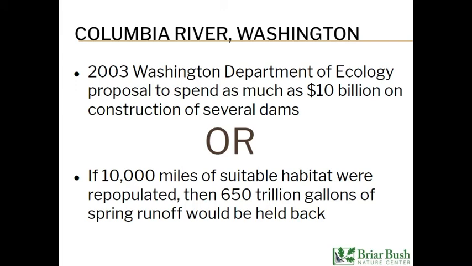One was to spend as much as $10 billion constructing a bunch of dams, and the alternative was to release beavers, to repopulate beavers in about 10,000 miles of suitable habitat. They estimated that would control about 650 trillion gallons of spring runoff. And I can guarantee that would not have cost $10 billion to raise enough beavers to repopulate that area.